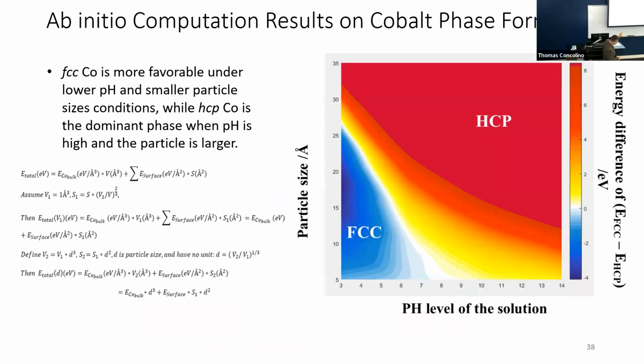So eventually, we have this computational, we call it the nanometric phase diagram. This is different from a common phase diagram because you can see the x-axis is the concentration of the solution, which is pH here, and the y-axis is the size of the particle in angstroms.